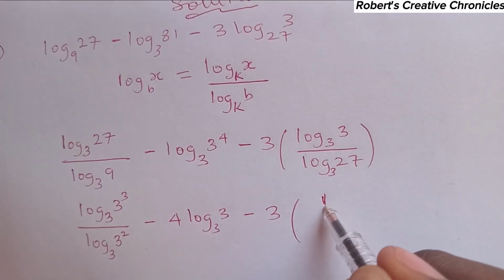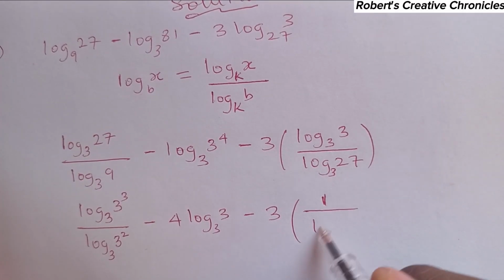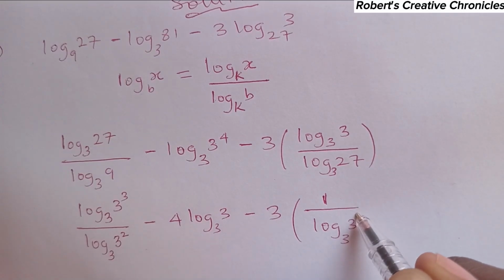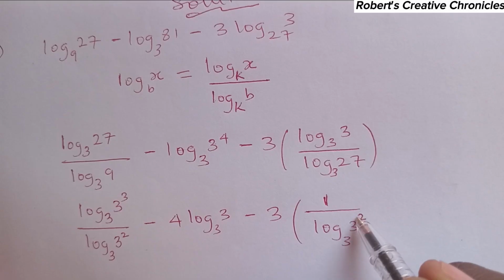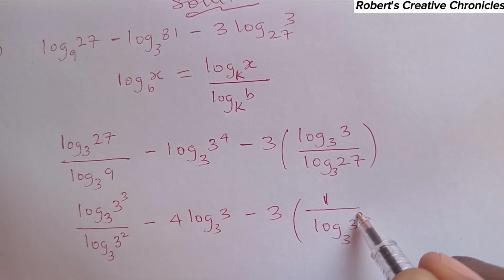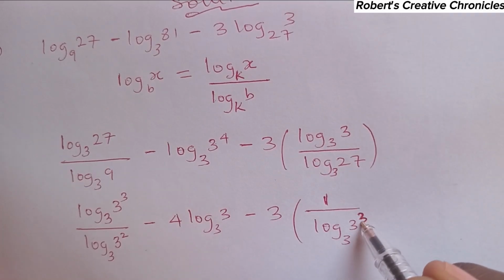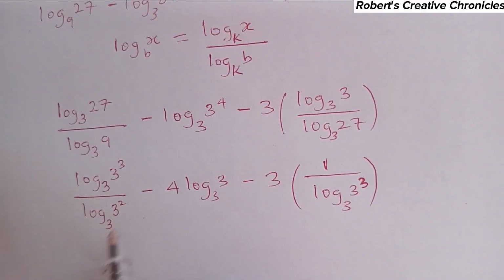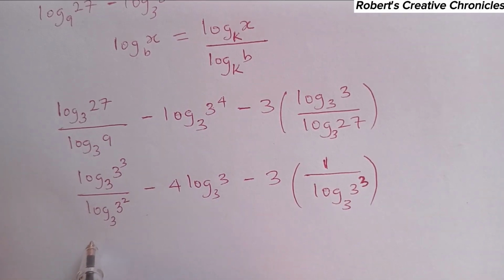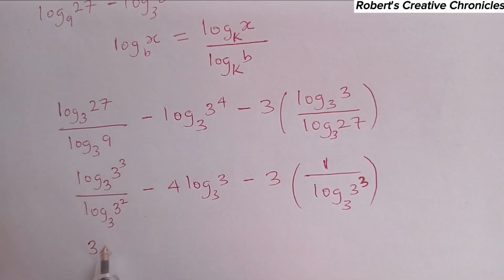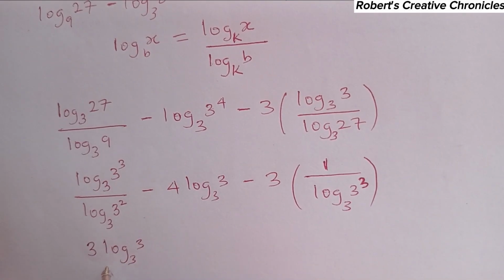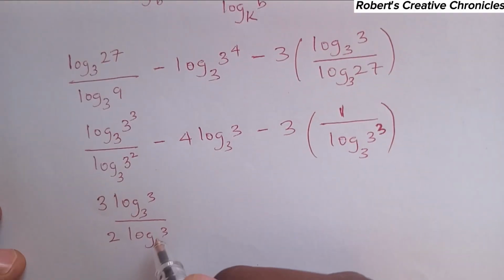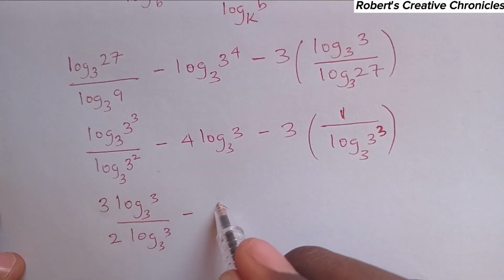This becomes 1 over log 3 cube, base 3. So this now becomes 3 log 3 base 3 over 2 log 3 base 3, minus 4.